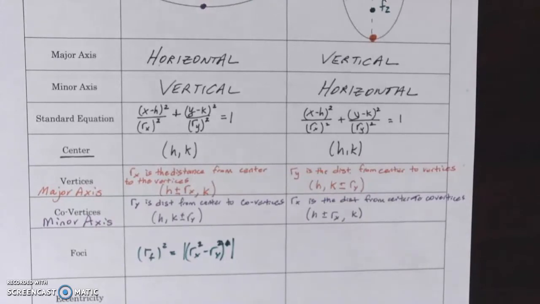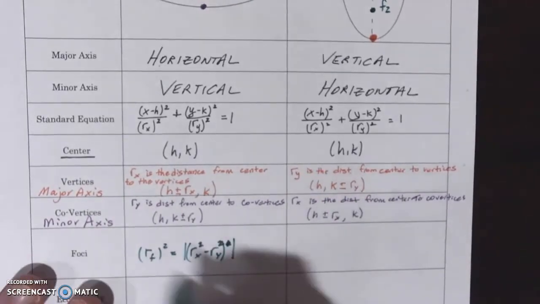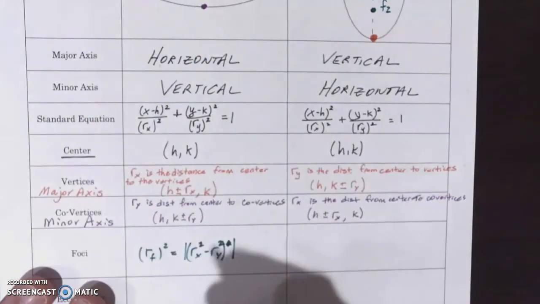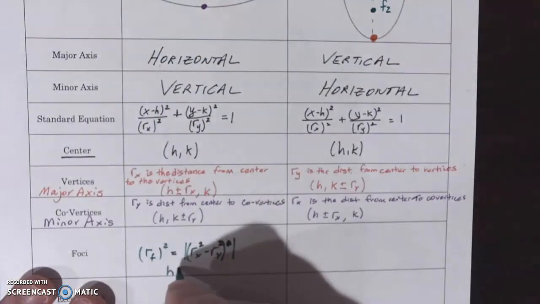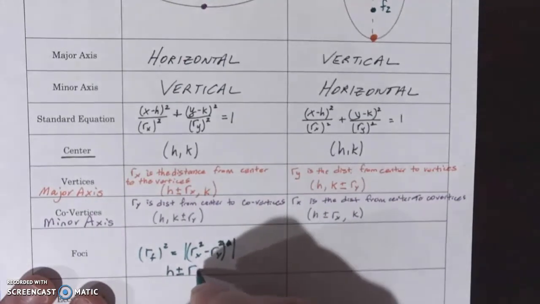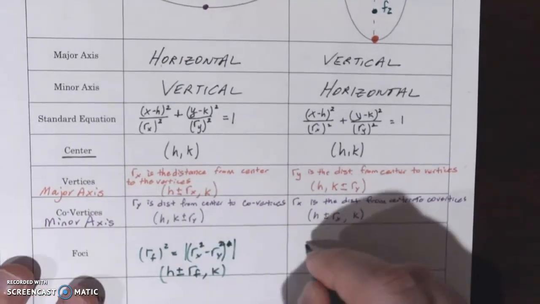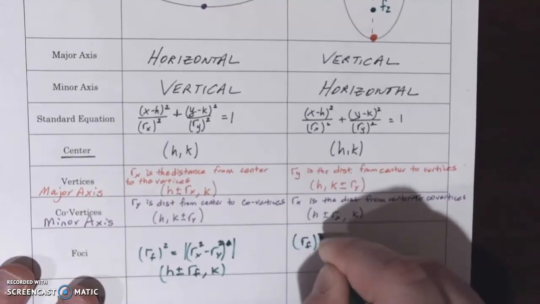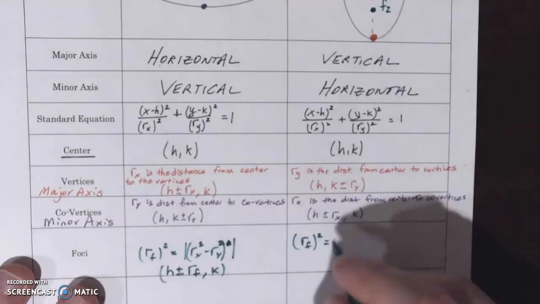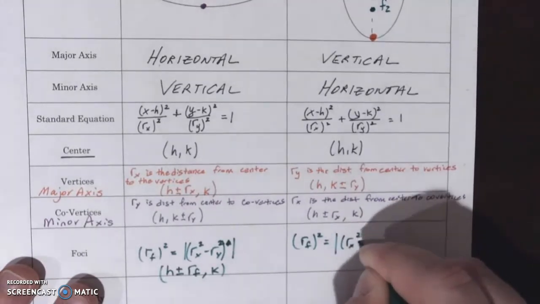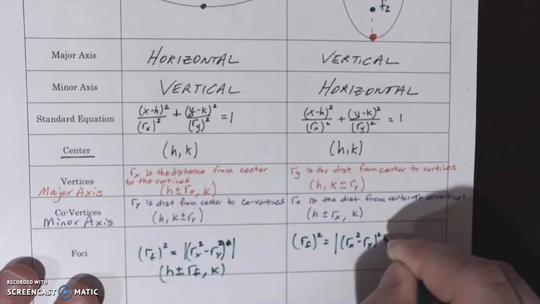So the focus would be at the point, on the horizontal major axis, h plus or minus the distance of the focus, comma k. Same equation here. Absolute value. Put that in there.